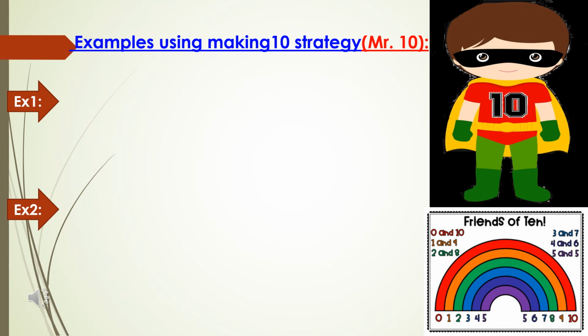And 3 will think, yeah, I have 1 plus 2. So 9 will take 1 from 3 and it will be strong like Mr. 10. And we have 10 here. 3 has what as a remainder here? It has only 2. So 10 plus 2 equal 12. Great.